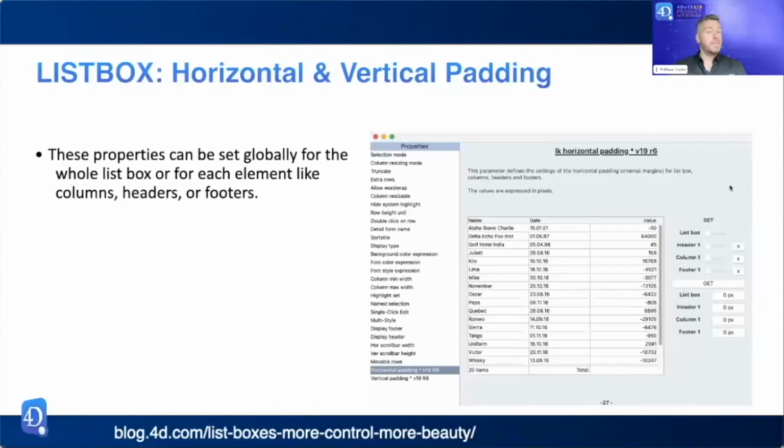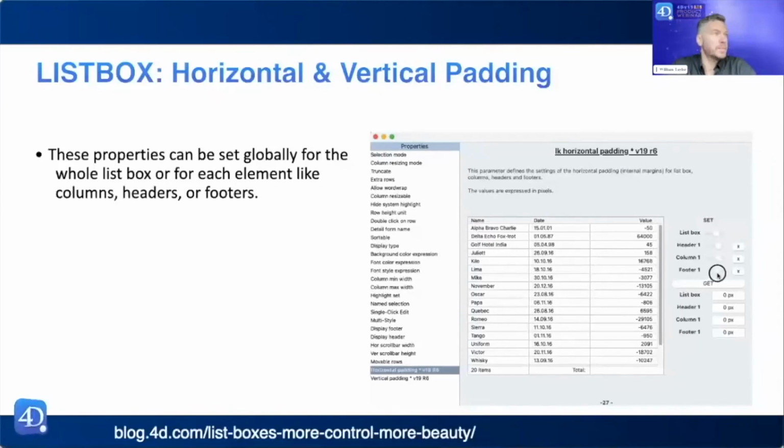And setting the padding can be done either via design mode under the list properties, coordinates and sizing, or by programming using LISTBOX SET PROPERTY and the new constants lk cell horizontal padding and lk cell vertical padding. Here's a quick demo to show how it looks. Here's the horizontal padding. You see you can play all around with it.